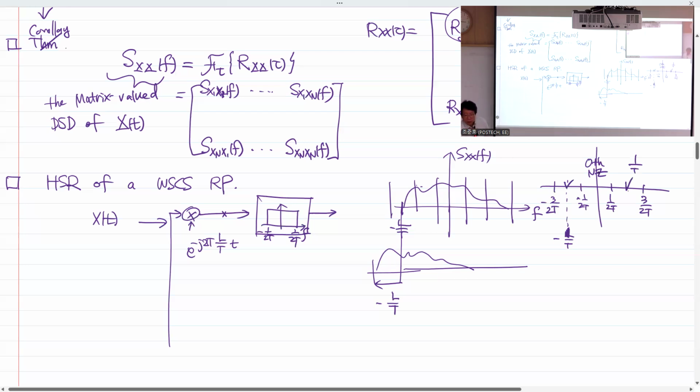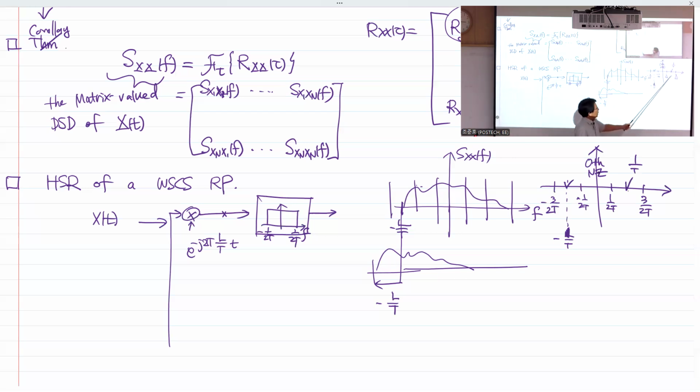So in this case, where your wide-sense stationary random process has maximum frequency content less than plus minus 3 over 2T, in that case, capital L equals 1. Okay? You have 3 Nyquist zones. This is the zeroth Nyquist zone, this is positive first, and this is negative first, and capital L equals 1 here.